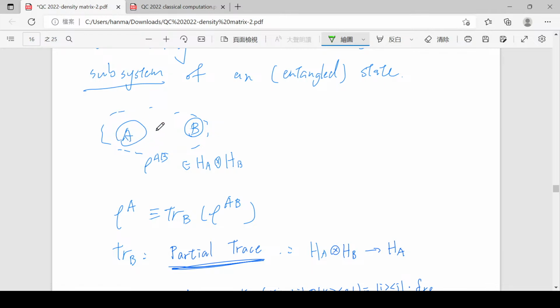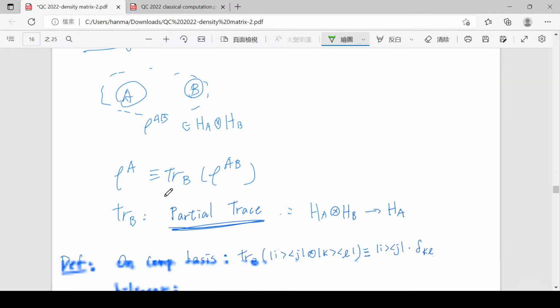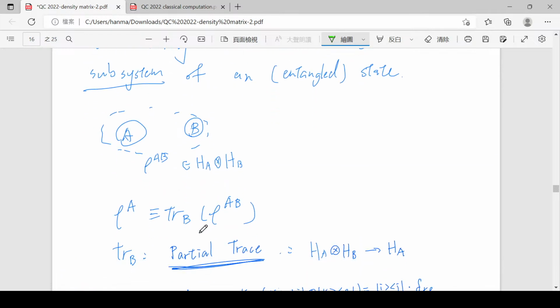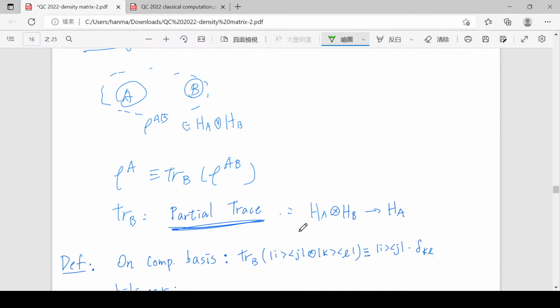If we just want to look at the A part, what measurement and what unitary you can apply on it can be totally described by this reduced density matrix rho A. So rho A can be calculated by doing trace B on rho AB, and this trace B is called partial trace.